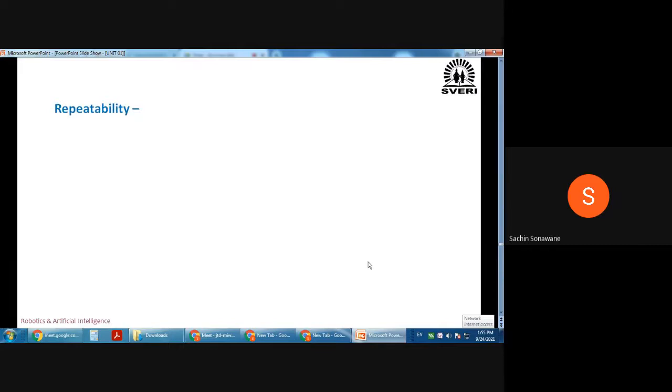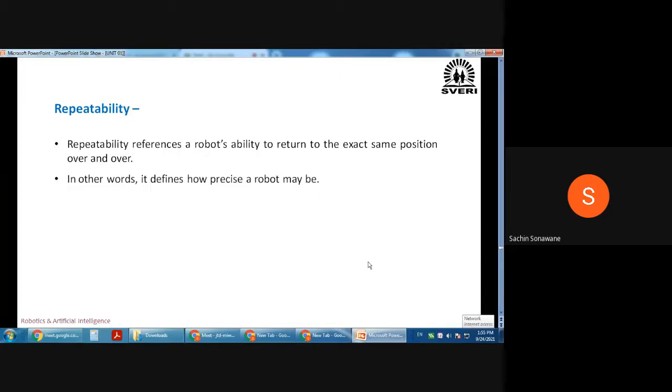Next is repeatability. It is also known as precision. Repeatability references a robot's ability to return to the exact same position over and over. In other words, it defines how precise a robot may be.